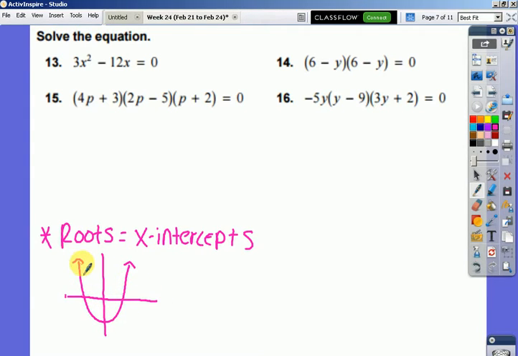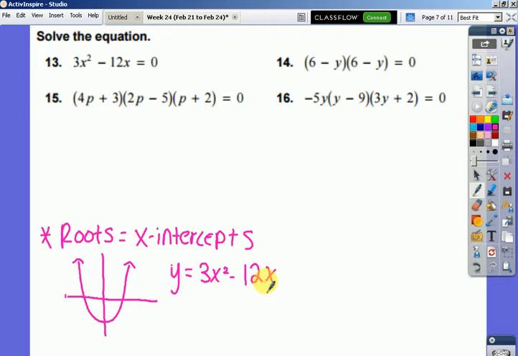Something like this. And I will say something like y equals 3x squared minus 12x. I will ask you to determine the roots by factoring, or I will ask you to find where the graph crosses the x-axis, something like that.